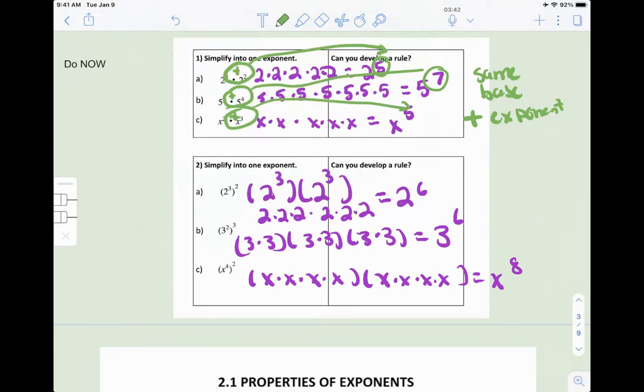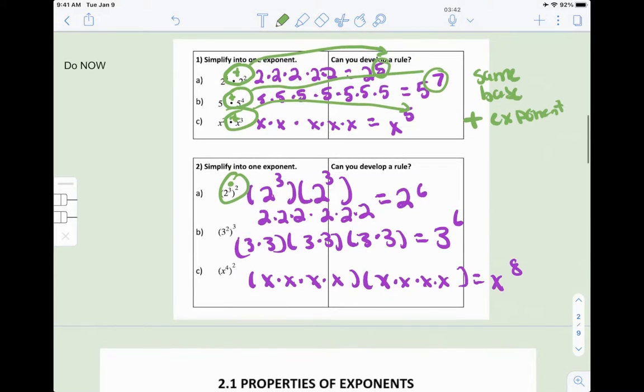And we can see when we're taking the power of a power, we multiply the exponents because 2 times 3 equals 6, just like 3 times 2 equals 6, and 4 times 2 equals 8. So we can see where this checks. So when we're taking the power of a power, you multiply the exponents.